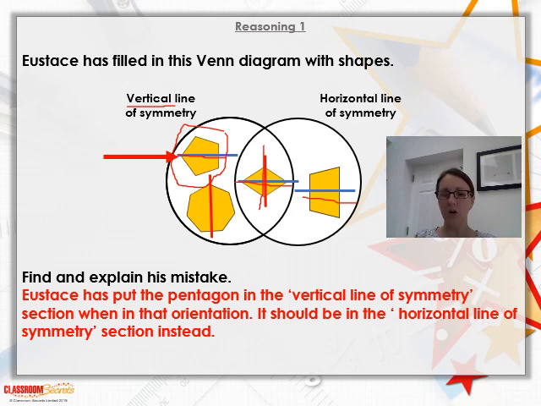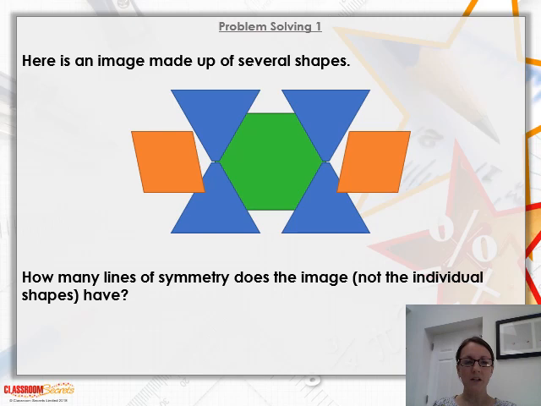Okie dokie. So here is an image made up of several shapes, which we can see here. How many lines of symmetry does the image have? Not the shapes, does the whole image have? You can pause the video and take a look. So remember, one side should be able to fold over exactly on the other and it will match perfectly.